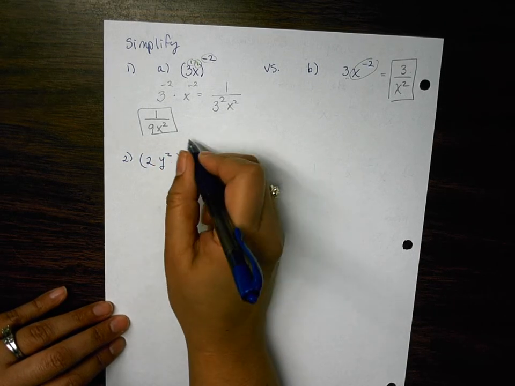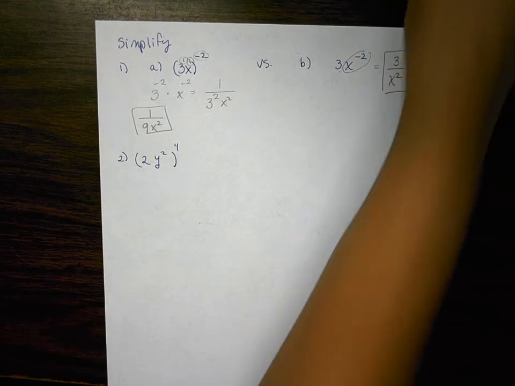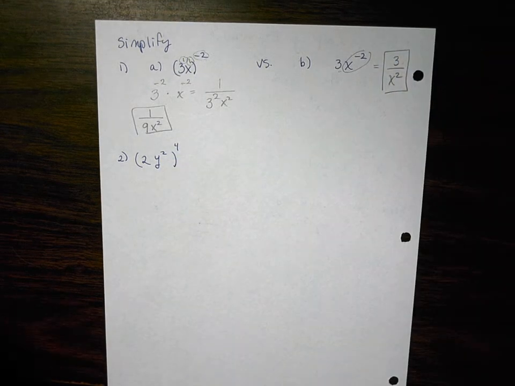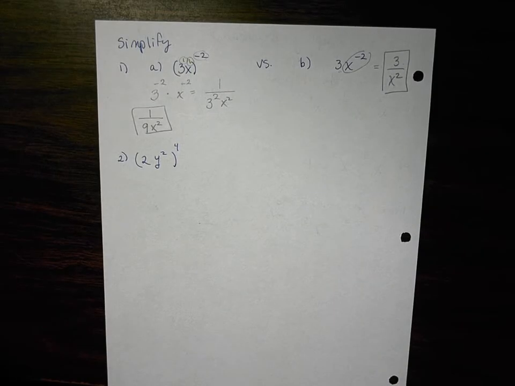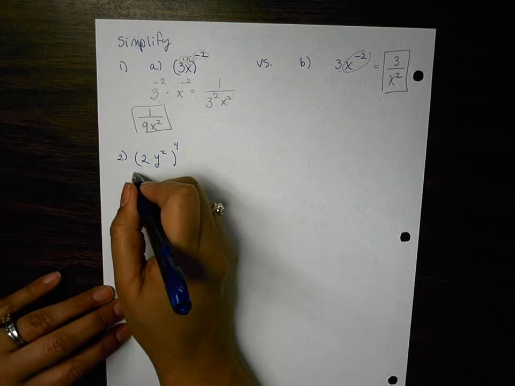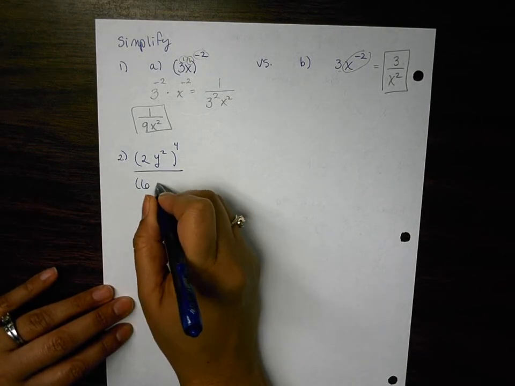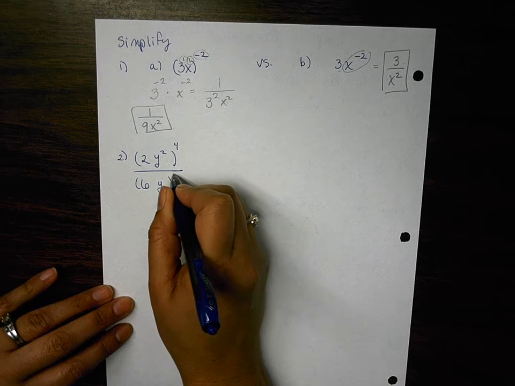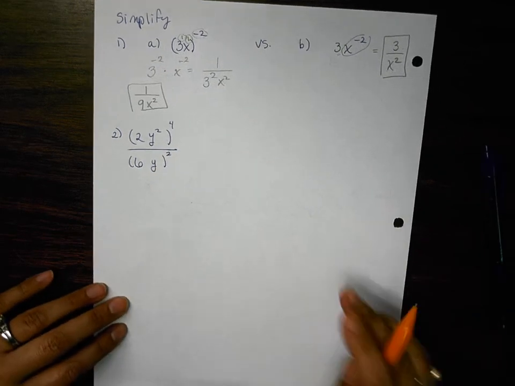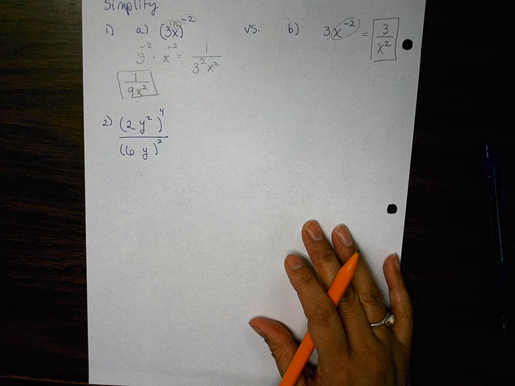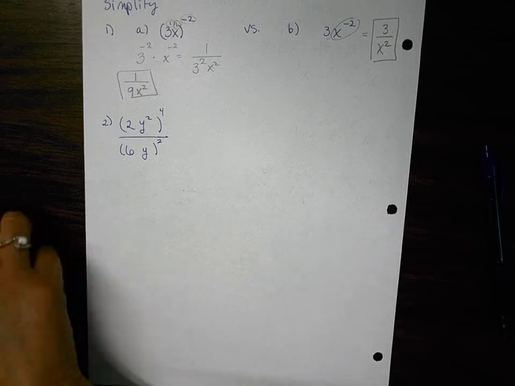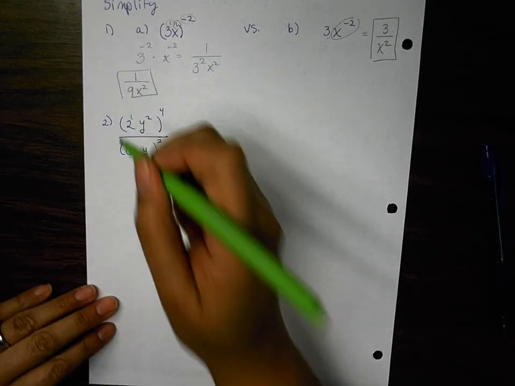And I'm going to put 2y squared, raised to the 4th power over parentheses 6y close parentheses 2nd power. Need some ones.